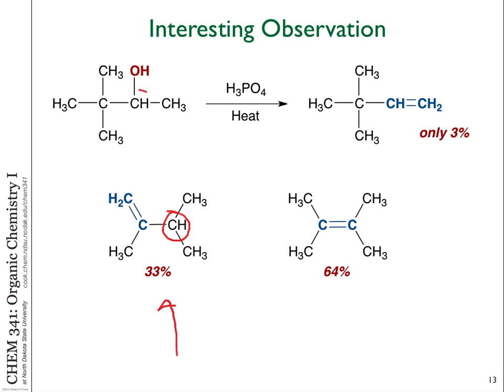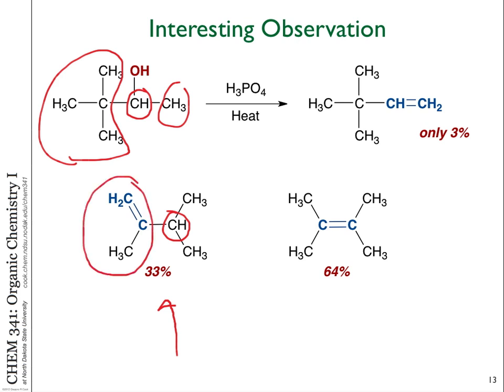That's where the alcohol was. That alcohol was attached to a tertiary butyl group and a methyl group and a hydrogen. But notice it's now attached to a 3-carbon group and 2 methyl groups. Something strange is happening.